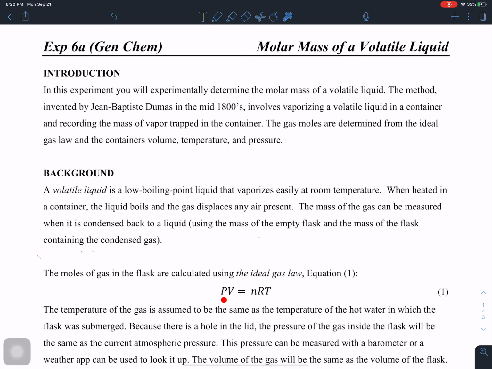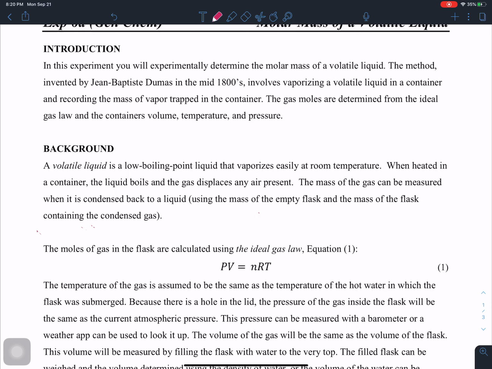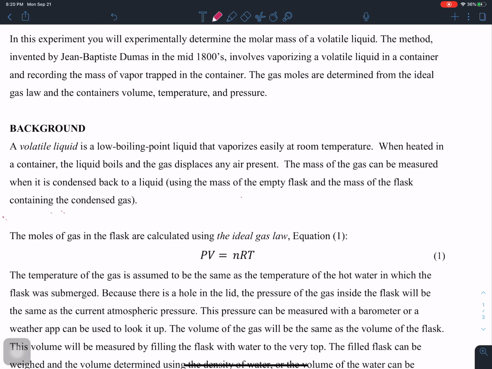We need to measure the pressure of the gas, the volume, and the temperature, and then we know what the ideal gas constant is. And from that information, we can calculate the moles of a gas. So we can rearrange this equation, and n, the moles of gas, is equal to the pressure times the volume divided by the gas constant and the temperature.